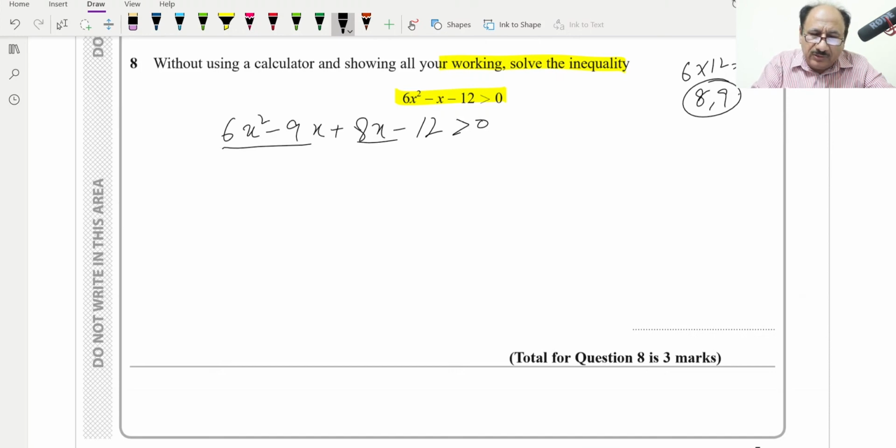Now we can make pairs and take 3x common, so it will be 3x(x minus 3), and plus, we can take 4 common, 4(x minus 3) is greater than 0.